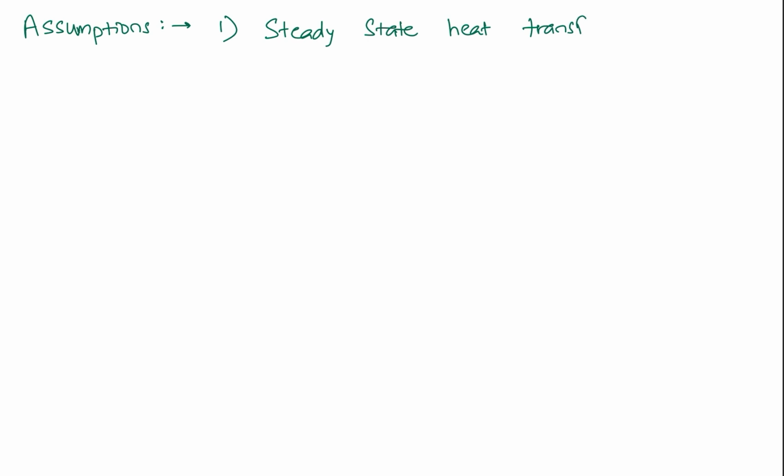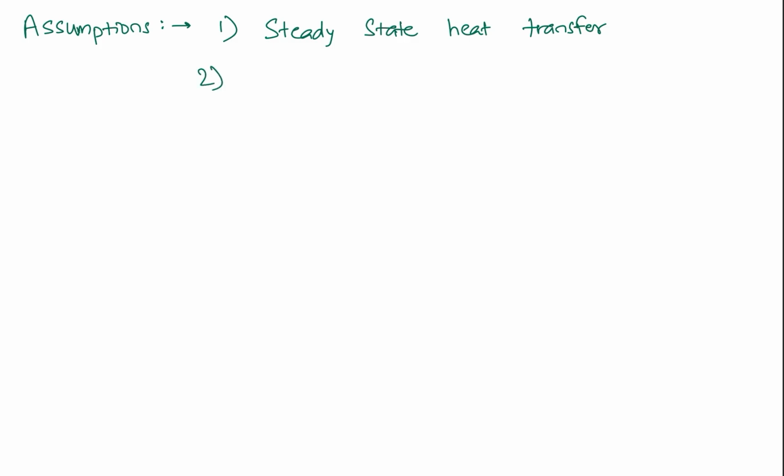First of all, let's see what our assumptions are here. The first assumption is that we are assuming a steady state heat transfer. What it means is that the change or variation in temperature is not dependent on time.